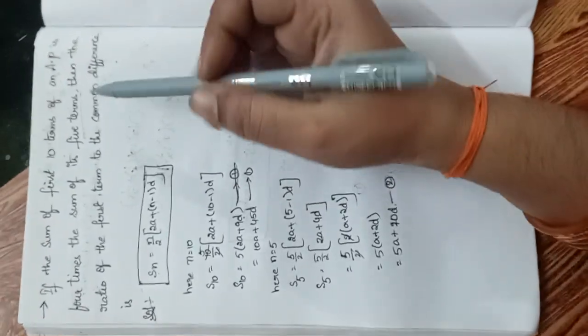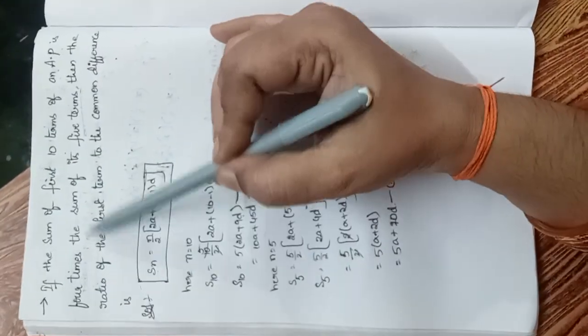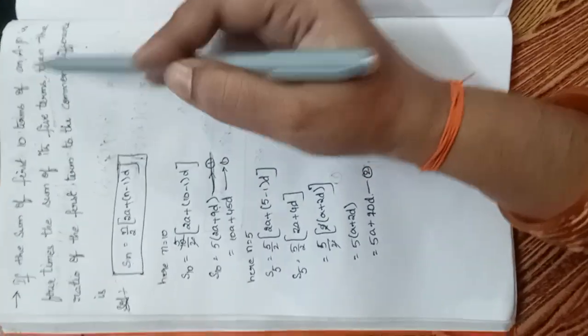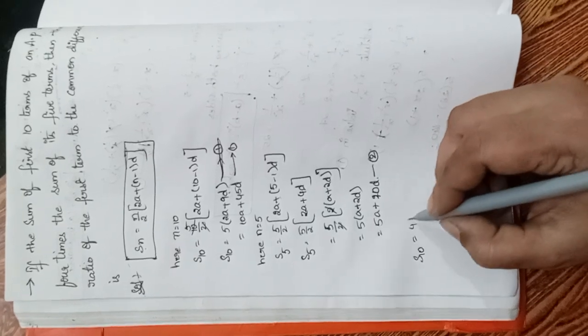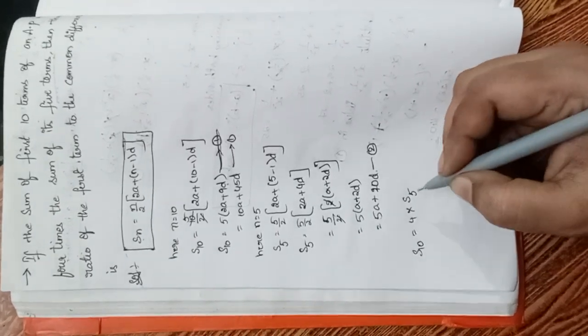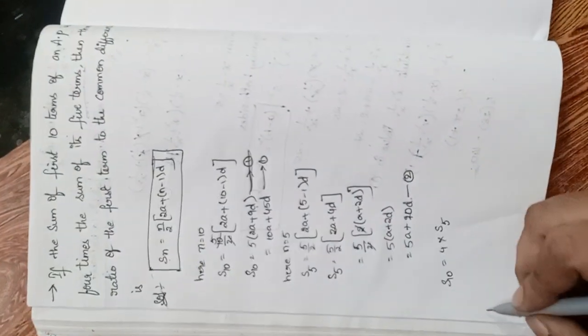What is given in the question? If the sum of first 10 terms of an AP is 4 times the sum of its 5 terms, it means S10 equals 4 into S5. Now substitute the S10 and S5 values here.